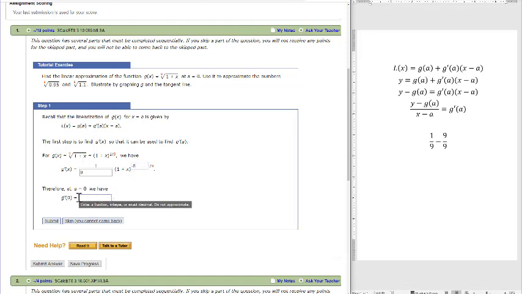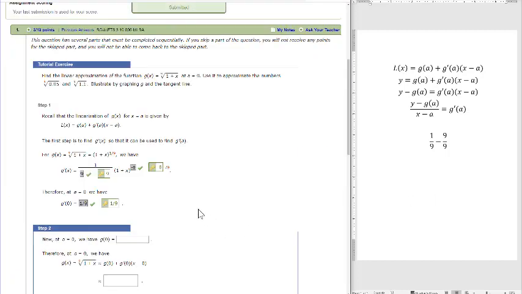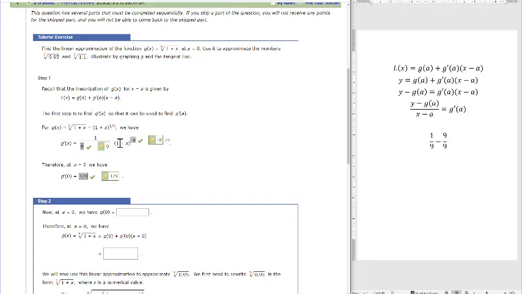And then after that, when a is equal to 0, we're going to put 0 in for x. So this is going to be equal to 1. 1 to any power is going to be 1, and then all we have left is a 1/9. So we have that information.